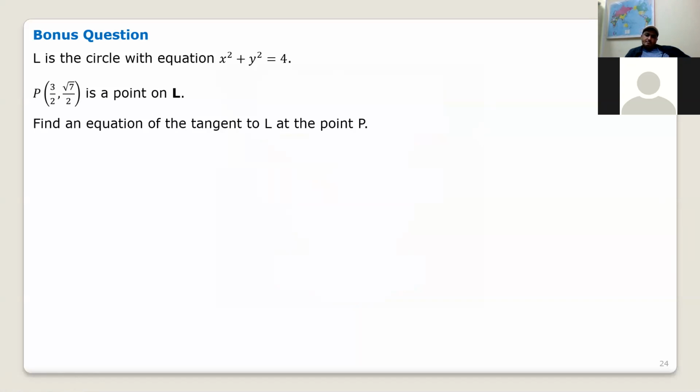P, with the given coordinates, is a point on L. Find an equation of the tangent to L at the point P. What is it asking me for? First, can you draw a circle, Amira?